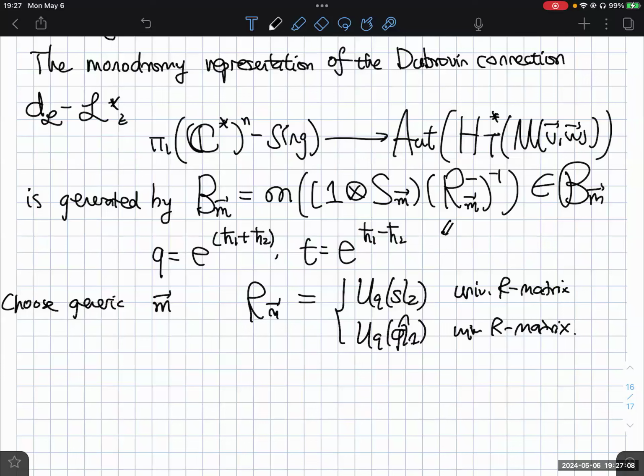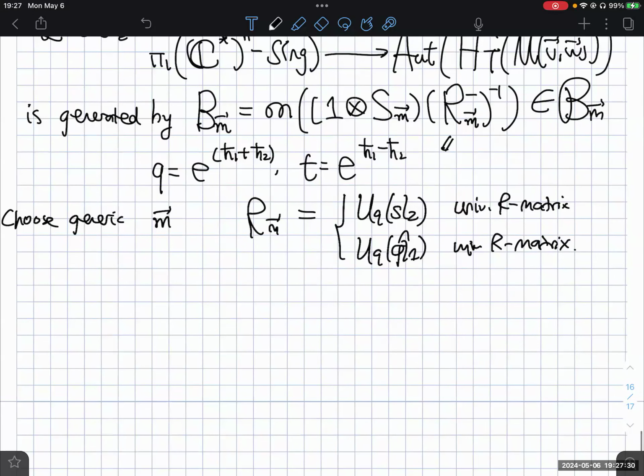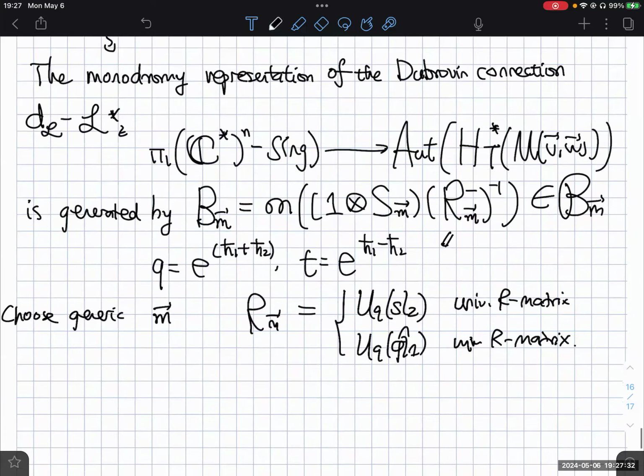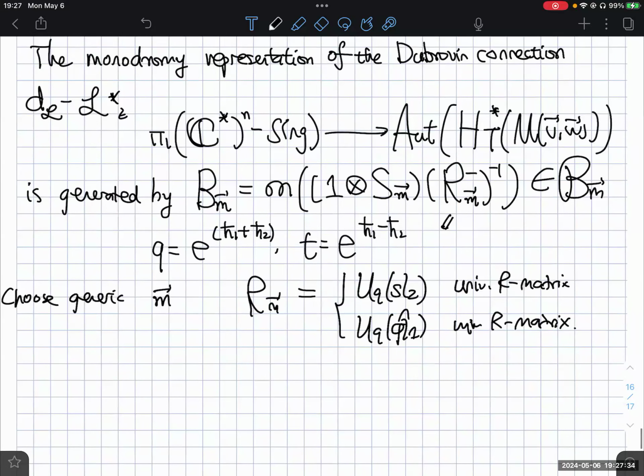So it is useful for us to compute the monodromy representation for the Dubrovin connection. But the thing here is that we still cannot figure out how to use this formula to find the relation between these monodromy operators. These are all I want to talk about today. So that's the end of my talk.